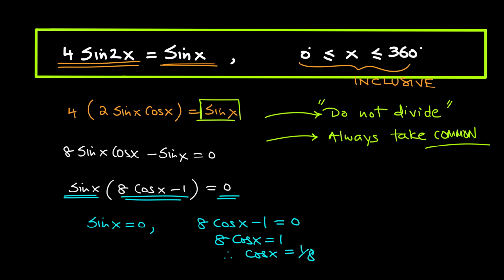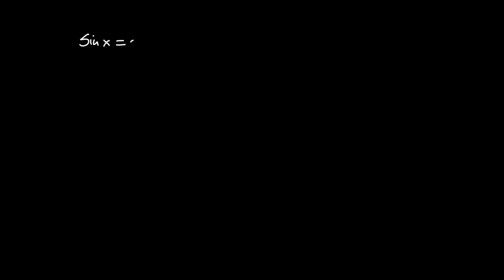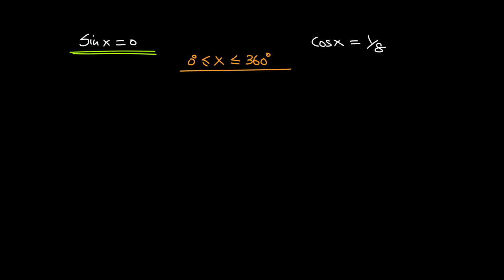Let's proceed with the solution of this question. We have sine x equals 0, cosine x equals 1 over 8. Range of values of x for both lies between 0 and 360 degrees inclusive. When we want to solve sine x equals 0, we draw a simple sketch, a y-axis, an x-axis, and a single cycle of sine x.